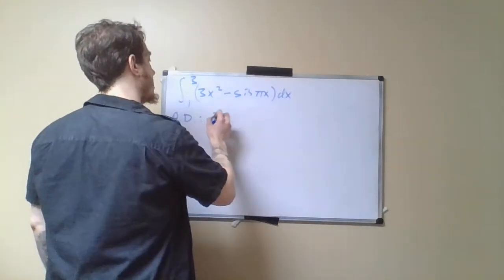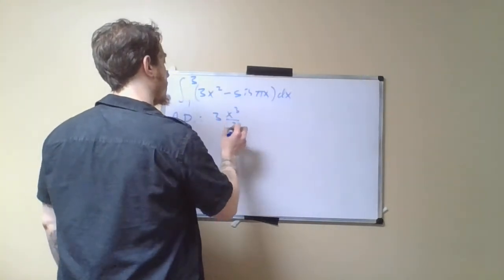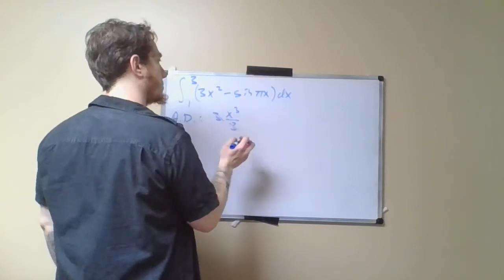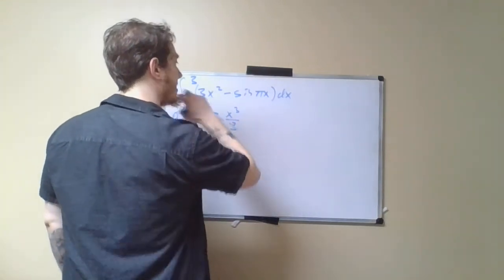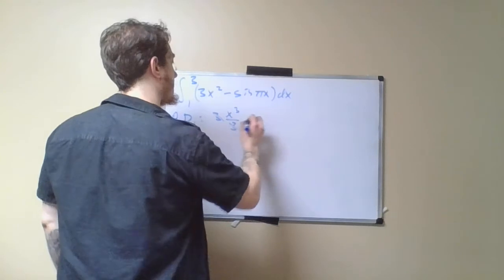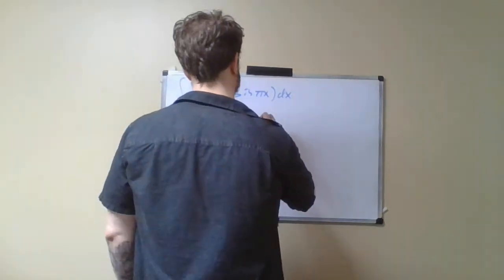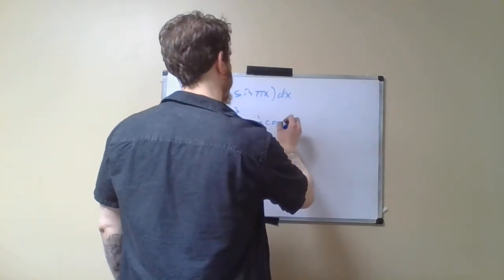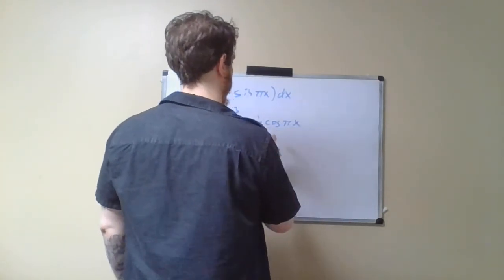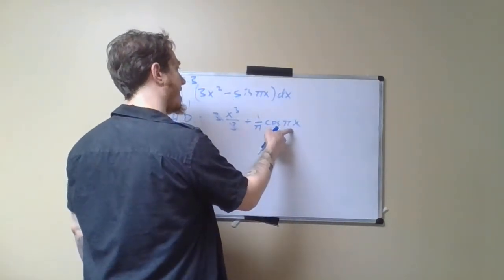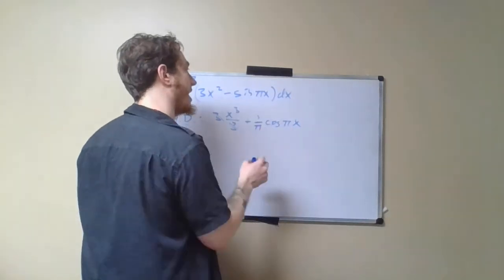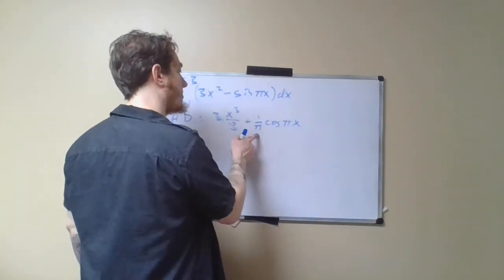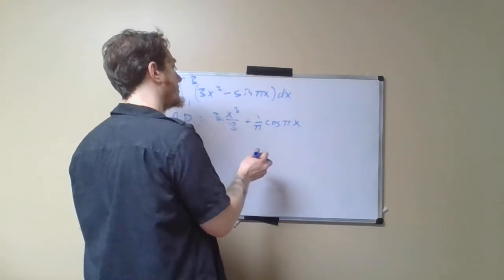That's going to be 3 times x cubed over 3, and the 3's will cancel. And then this is going to become plus 1 over pi times the cosine of pi x, because the derivative of cosine pi x would give me negative sine pi x multiplied by a factor of pi, and so that's where that comes from.